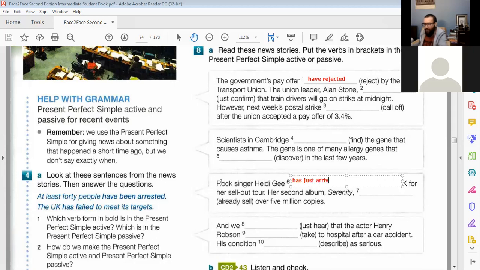Her second album, Serenity, has already sold over 5 million copies.